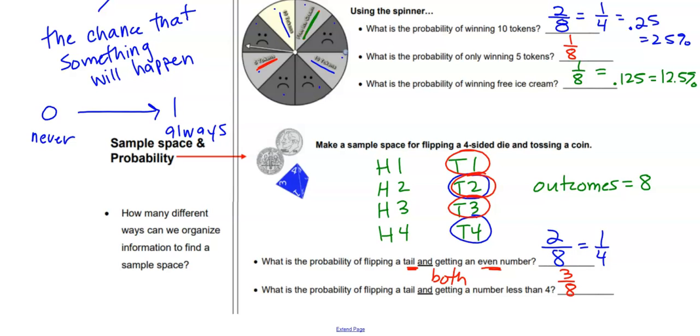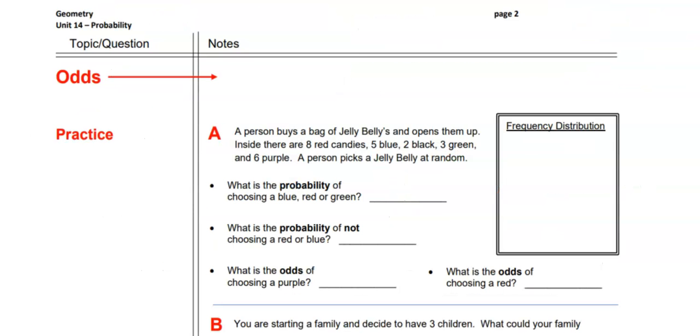All right, moving on to page 2. Now odds is a little bit different. Odds is usually written as a ratio, and you'll usually see it like this: success to failure.